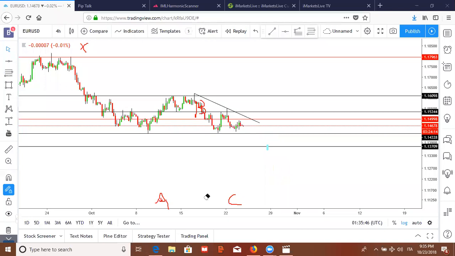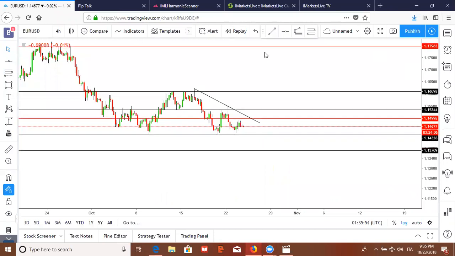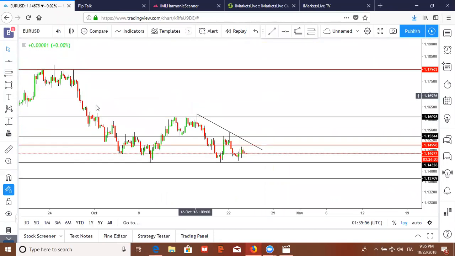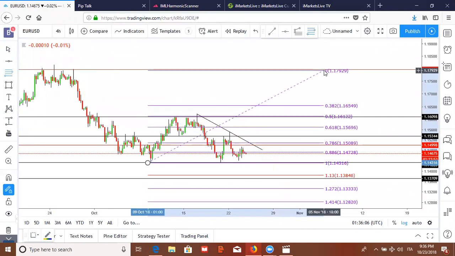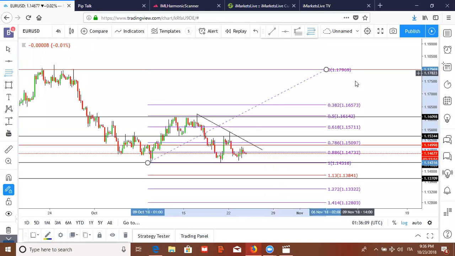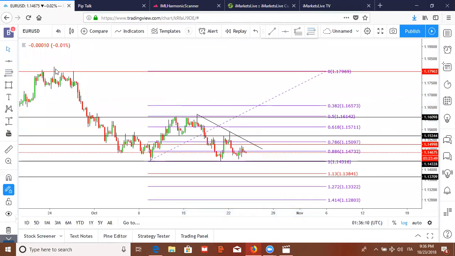I want to wait and see what the market is going to do, because we can have something like this right here. Where's that 88.6? Let me see, X to A. Hold on, let me do this real quick. Take my fib from A back up to X for that Cypher pattern. I'm looking for that 1272 touch.